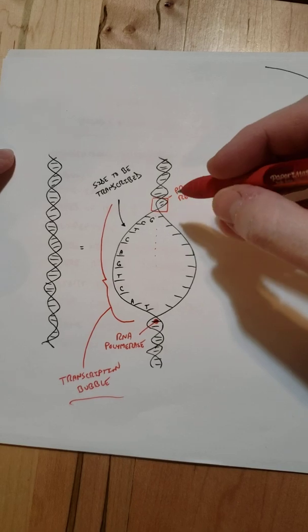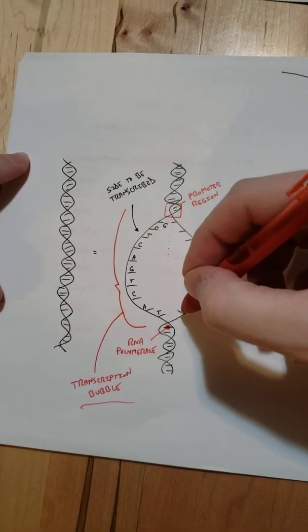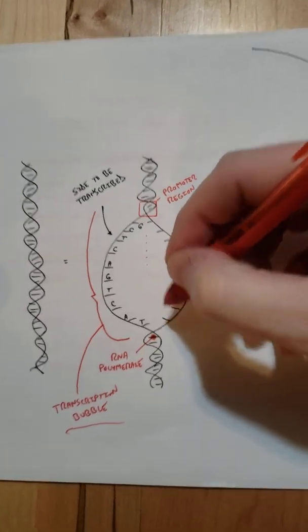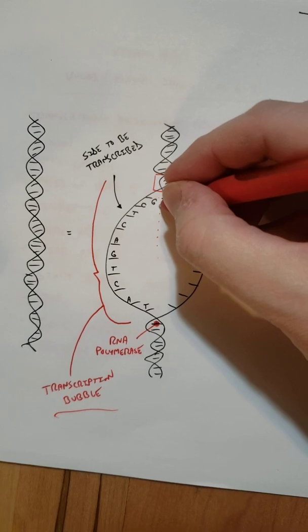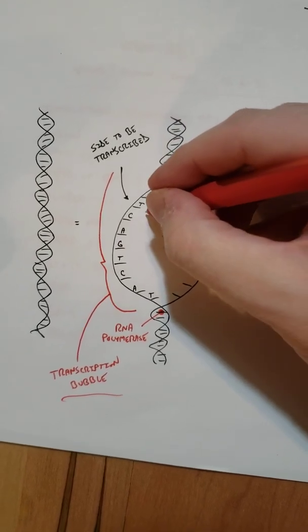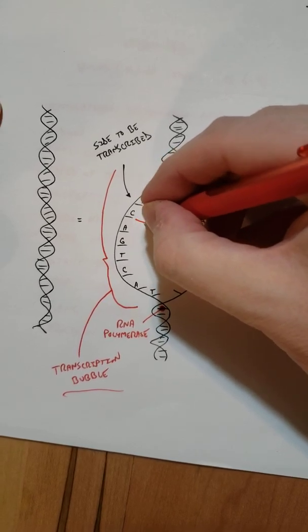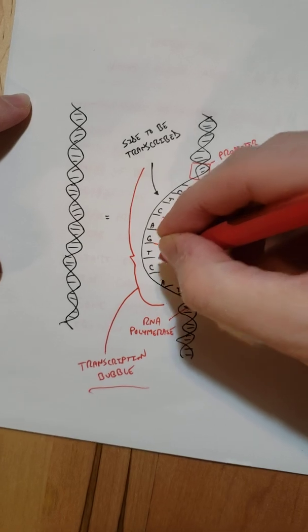So just for practice, I'm going to go through and we're going to create our piece of RNA here, and it's going to be mRNA because we're going to make a protein. So just like we saw with DNA replication, we're going to have free nucleotides that are complementary being added to the existing strand.